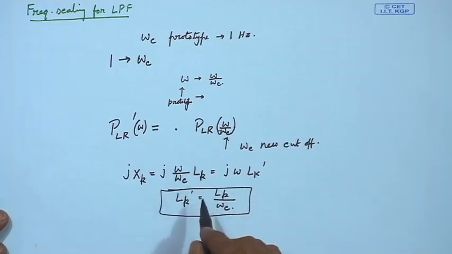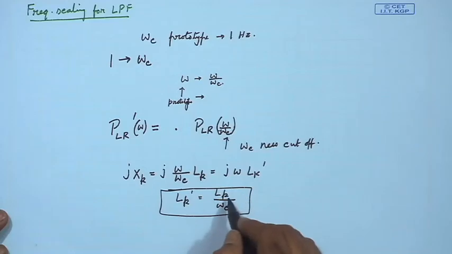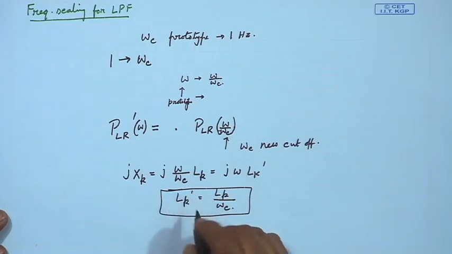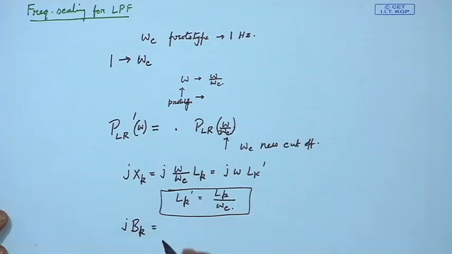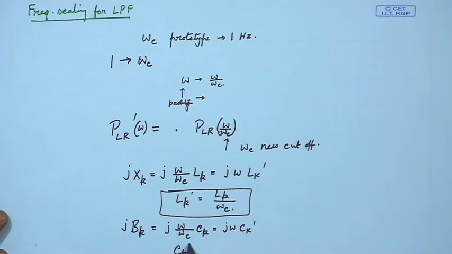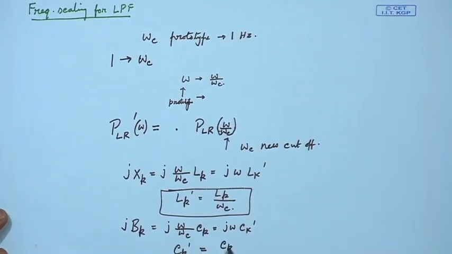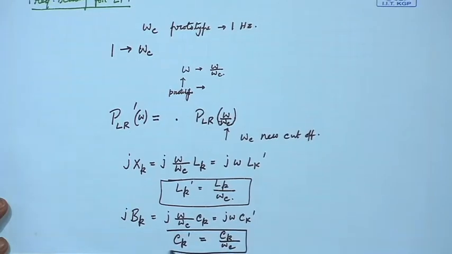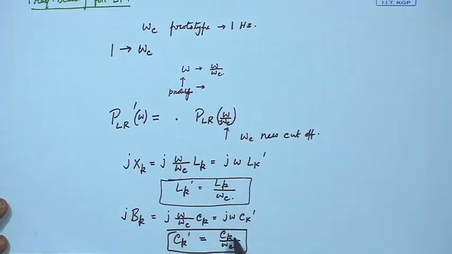When we change the cutoff frequency, all prototype LK values should be divided by omega c to get the new LK dashed values. Similarly, the susceptance jBK is j omega by omega c Ck, so that is j omega Ck dashed. Comparing, Ck dashed will also be Ck by omega c. All capacitances of the prototype need to be divided by omega c.